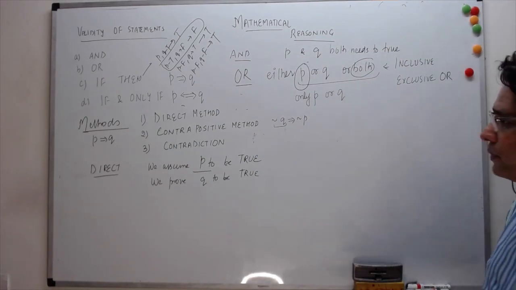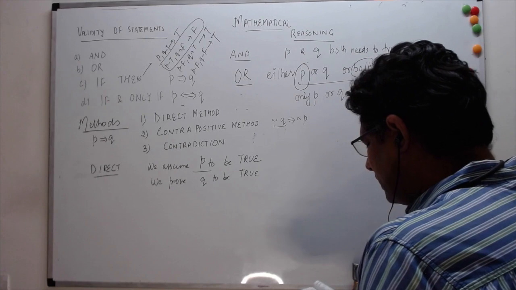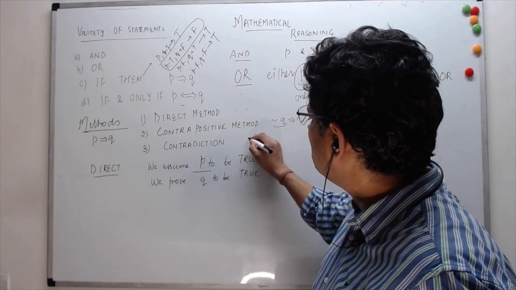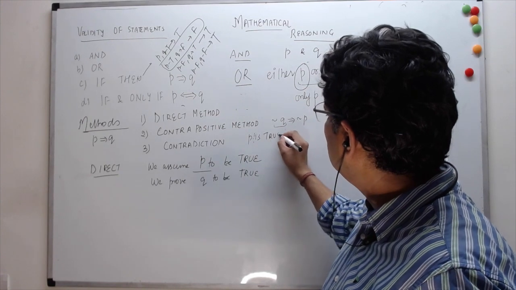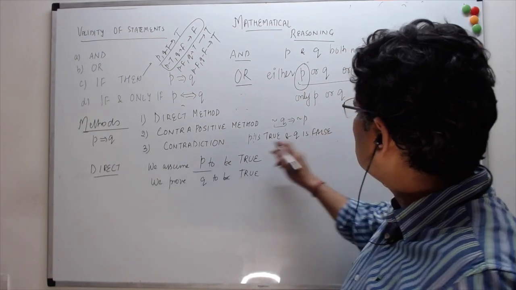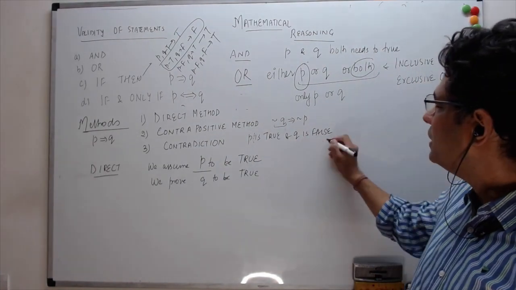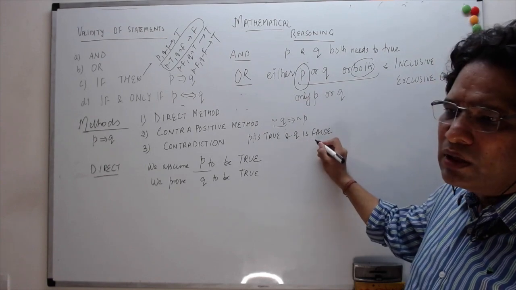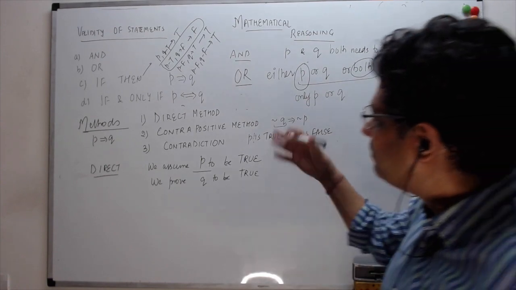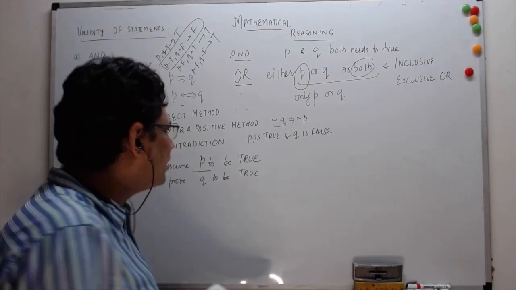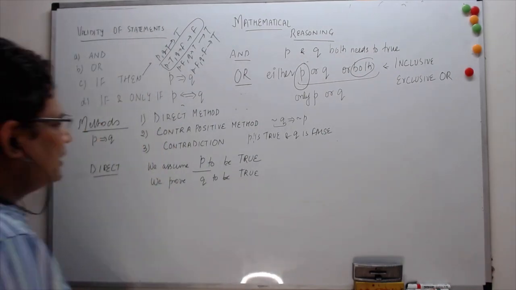That's what happens in the case of contradiction: we assume that P is true and Q is false. And during the process, these assumptions are found to be false, and then we say that we have proved it by contradiction. The examples are going to make it amply clear.